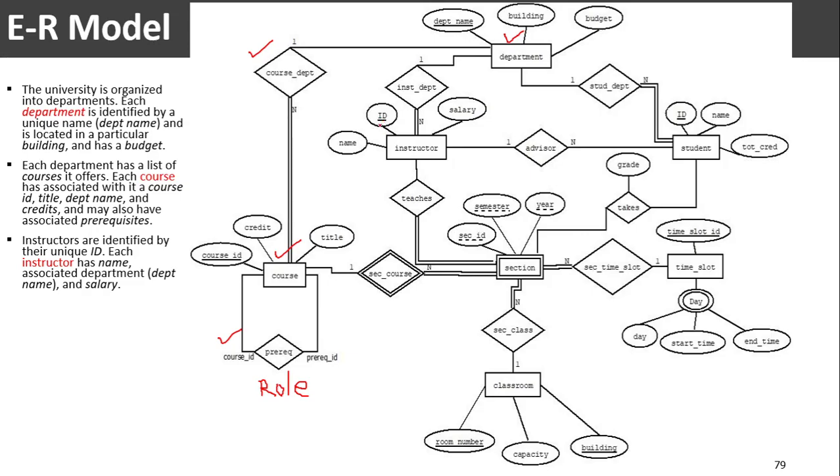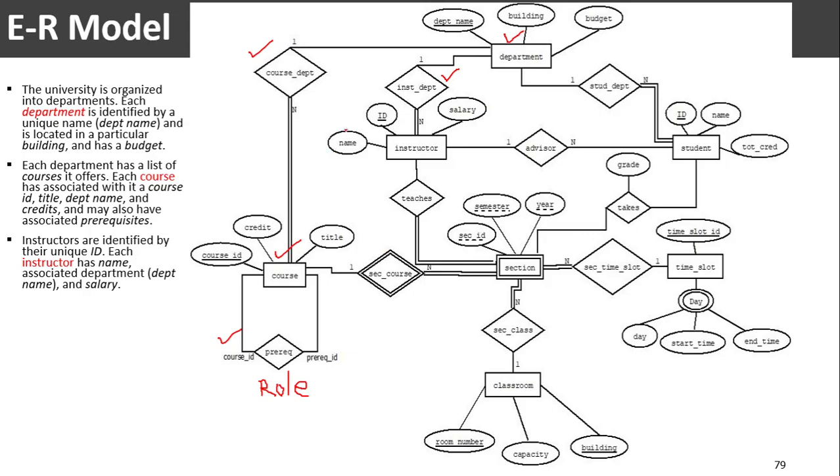The instructor is having name and salary, and it is mentioned that instructor is associated with the department. So here already we have identified that there should be the relationship between instructor and department. So we have depicted this relationship instructor department between the department and instructor.